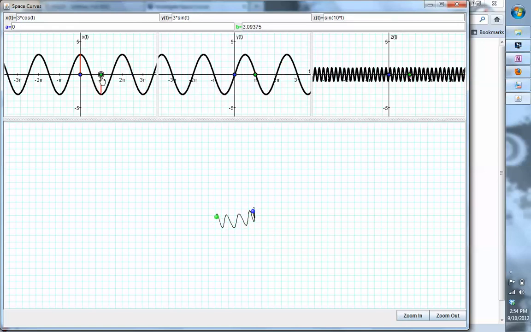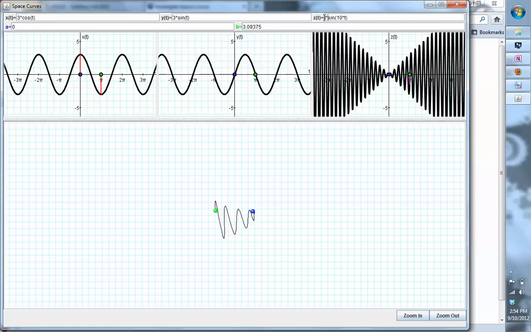Yes. We could combine this with the helix. So we've got oscillation and we've got growth. And let's see here, we probably have to run this out a little bit.